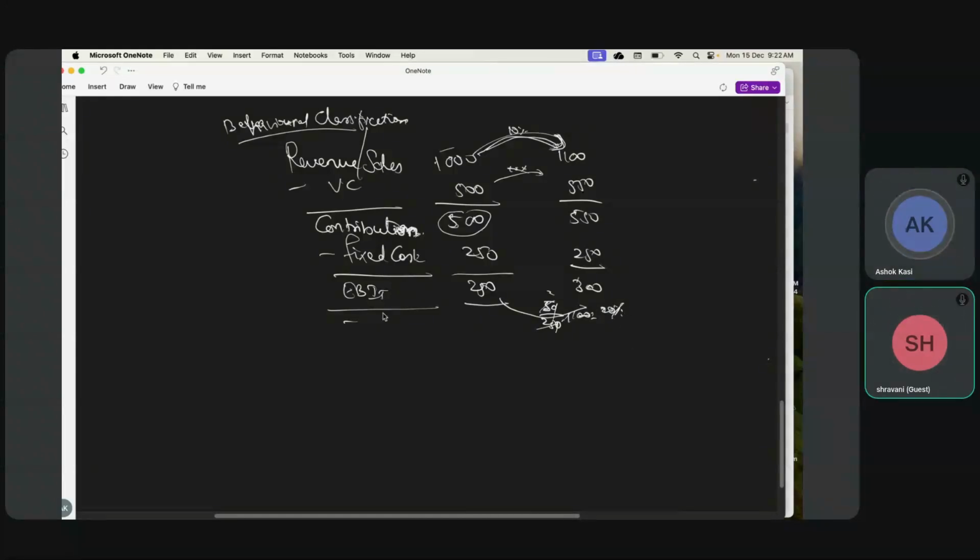Okay. Similarly, here the formula is degree of operating leverage.